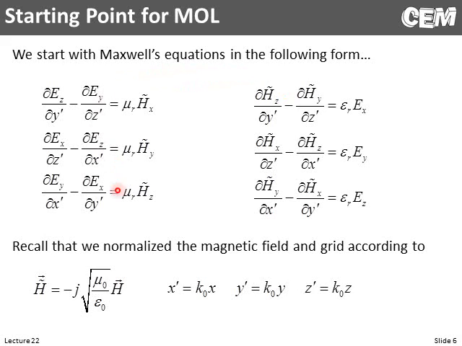We have our 6 Maxwell's equations coming from the curl equations, and we've normalized our magnetic field according to this lower left equation, and we've also normalized our grid by multiplying by k naught, which is essentially the same thing as dividing by wavelength. So our normalized grid coordinates are unitless.